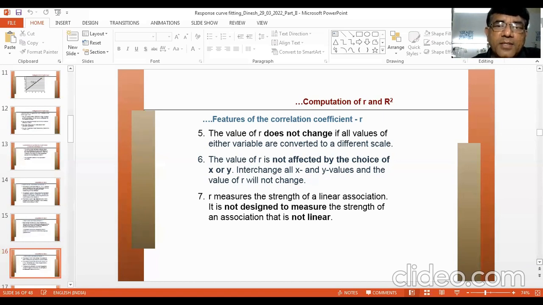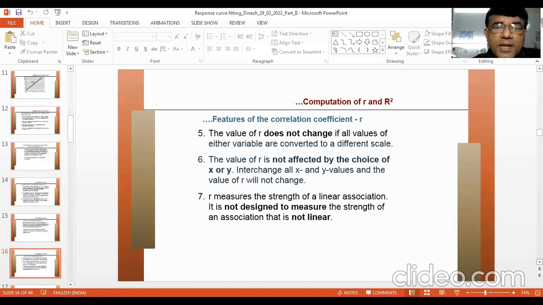If you convert kg per hectare into tons per hectare, the correlation coefficient is not going to change. The value of R is not affected by the choice of X or Y. If you exchange them, if you consider the dependent variable as the independent variable or vice versa, the correlation coefficient value will not change.